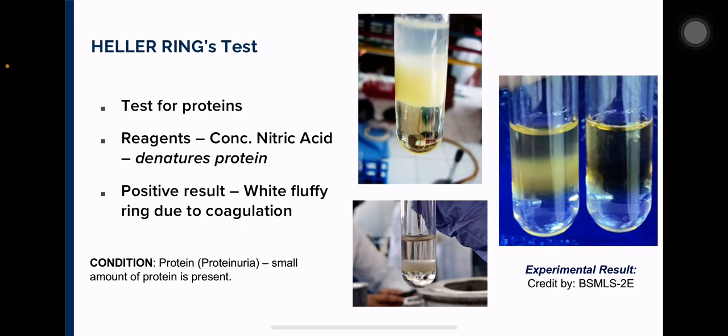Let me give you a brief principle of Heller's test. This test is based on the principle of precipitation of proteins, which in this case takes place in the presence of mineral acids like nitric acid. Protein precipitation by acids relies on changes in the pH of the solution.